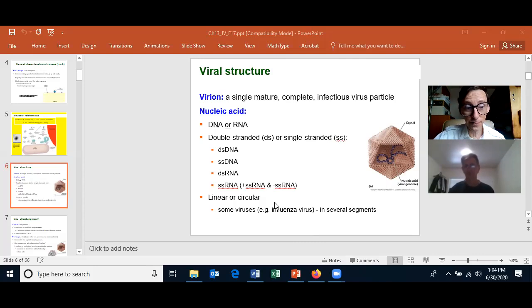The positive single-strand RNA genome can be read by the ribosome, and the negative single-strand RNA genome cannot be read by the ribosome. Any questions about that?